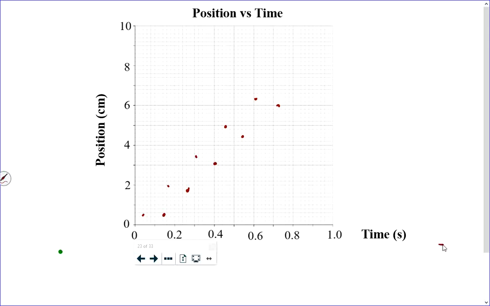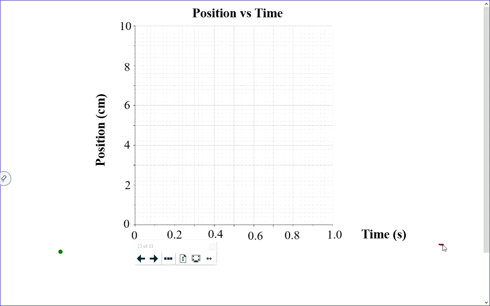So what I want from you for tomorrow is to do the graph, draw the line, pick 2 points on the line to find the slope of your line, but you are never allowed to use data points. Even if you have data points that are on the line, don't choose them.